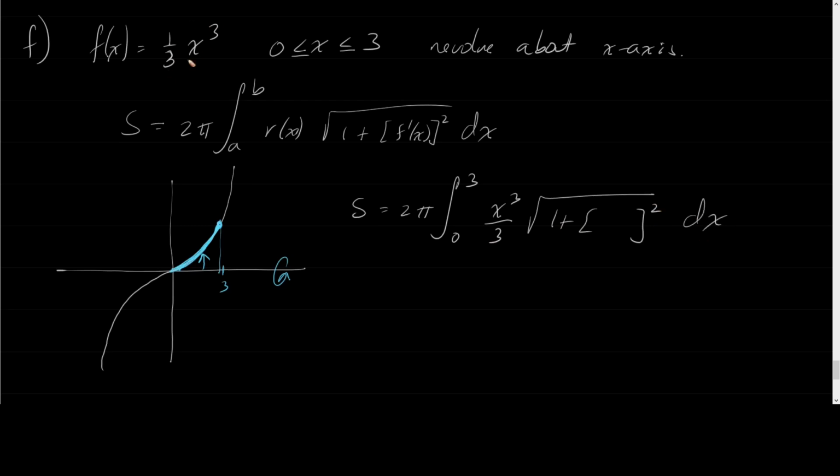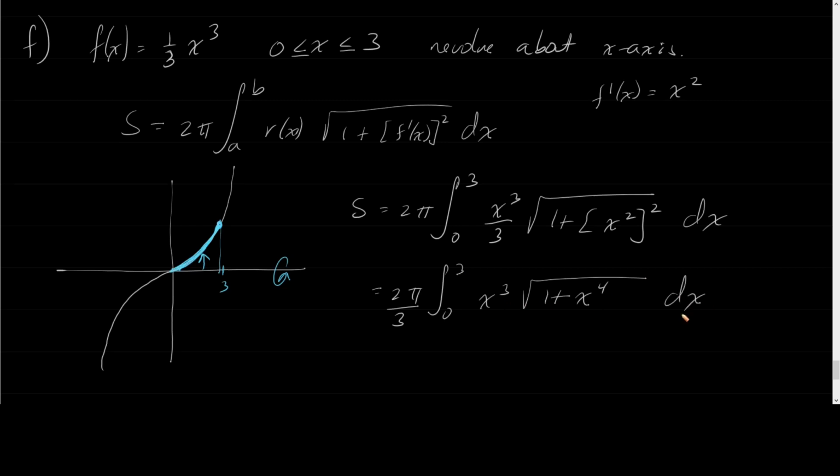The derivative f prime of x would be just x squared. So I get 2 pi, and I'll put this 3 out here: 2/3 pi integral from 0 to 3 of x cubed times the square root of 1 plus x to the fourth dx.